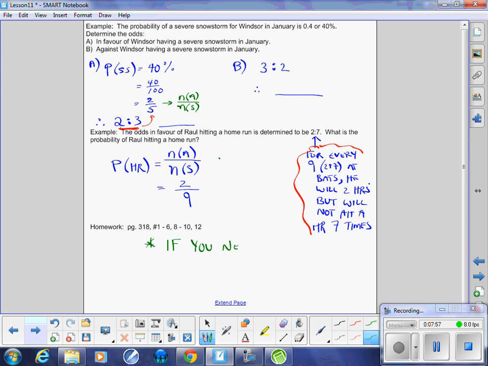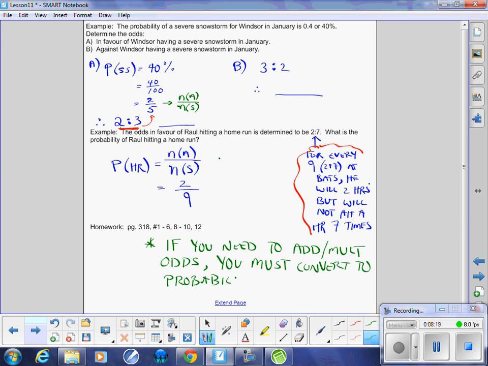If you need to add or multiply odds, you must convert to probability first, then return to odds in the end.